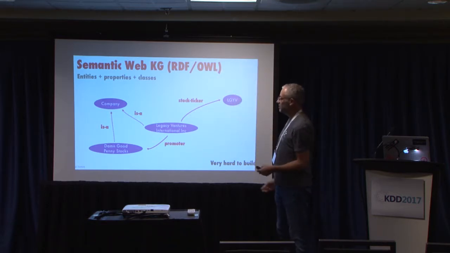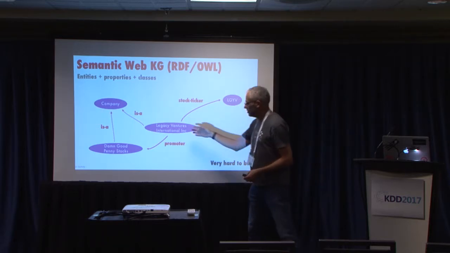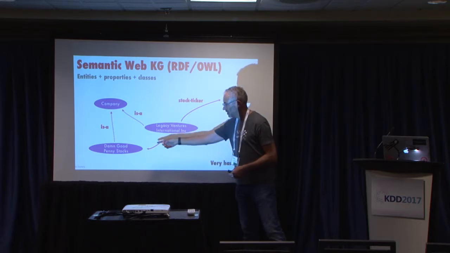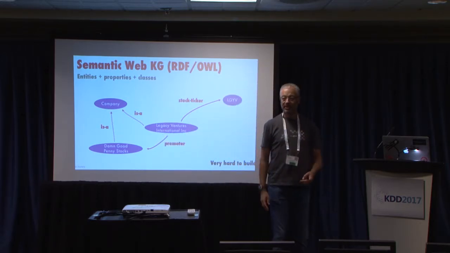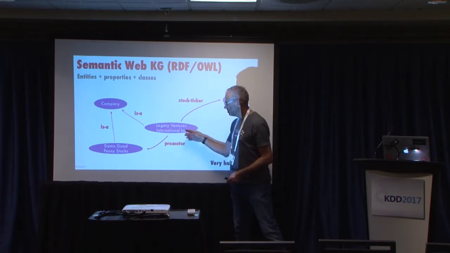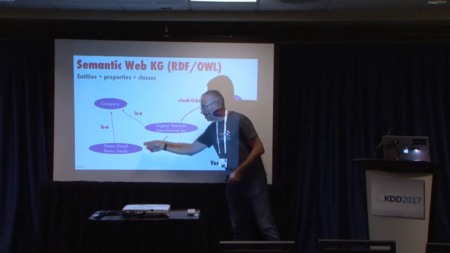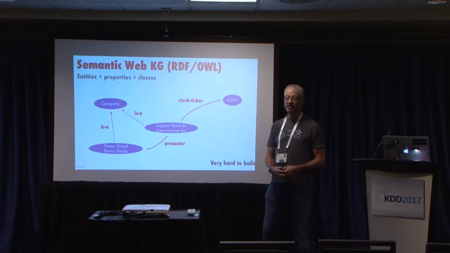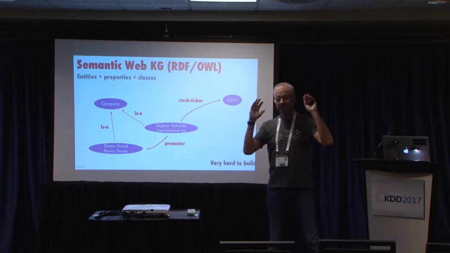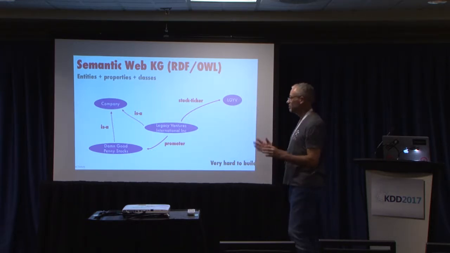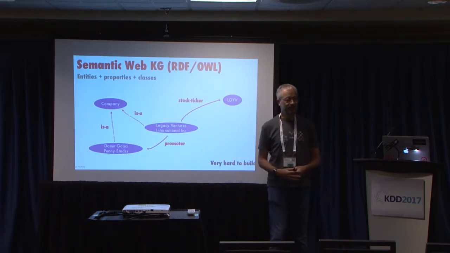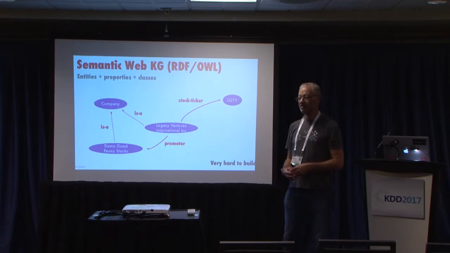And then you represent things like this: you say this Legacy Ventures International is a company, and this other one is also a company, and the promoter of this company is this company, and it has a stock ticker. And as a computer scientist, you look at this and you say, this is much better. I can do all kinds of reasoning with this. This is the way we should do it.